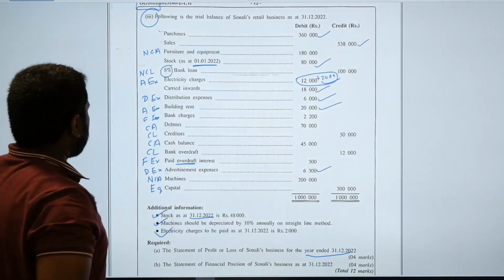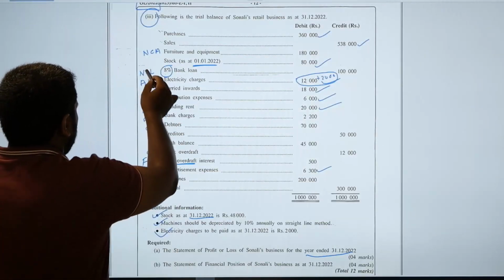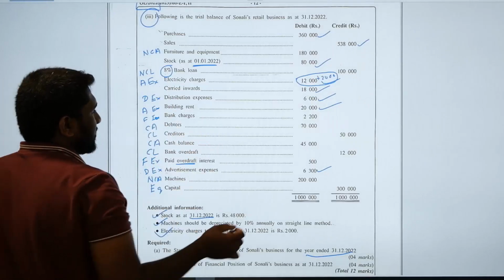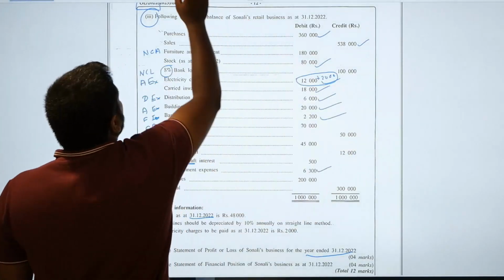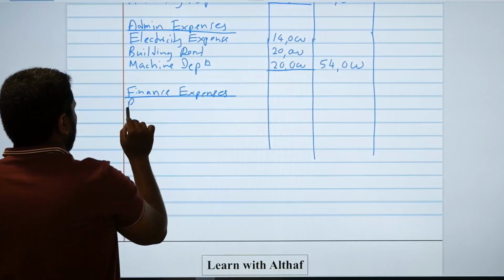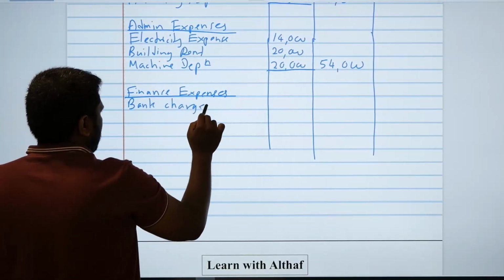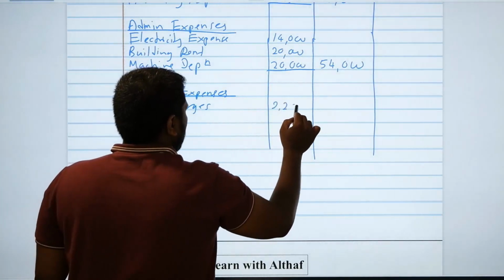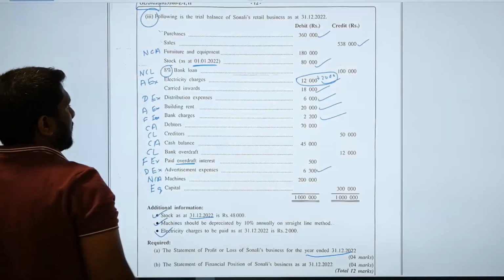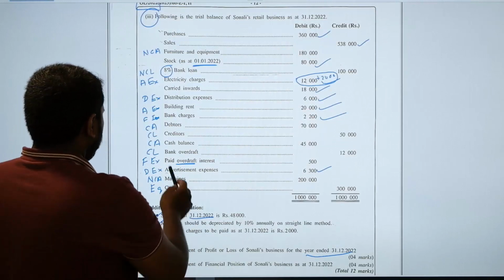So finance expenses, let's see. Finance expense here, bank charges 2,200. What else is there?